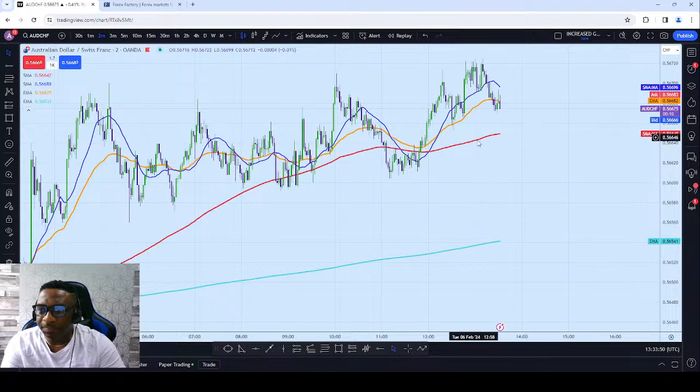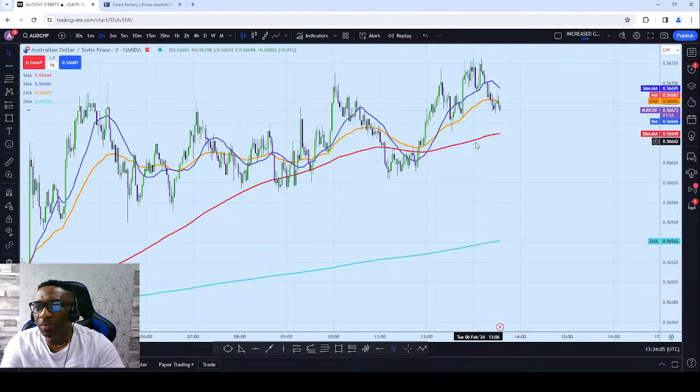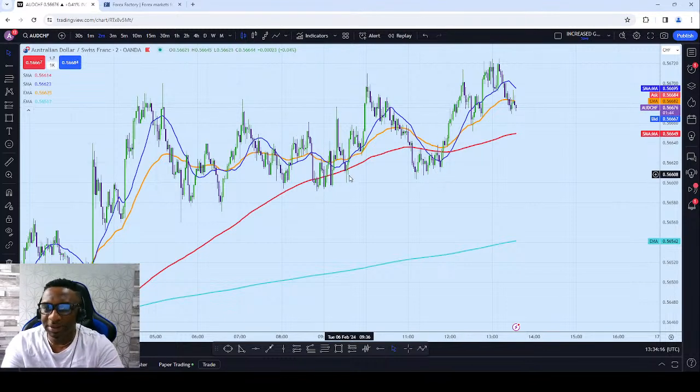So even if we want to consider taking a sell here, we don't expect too much, because overall we can see that price is in the uptrend, and if it's an uptrend, you more or less avoid or ignore the sells.